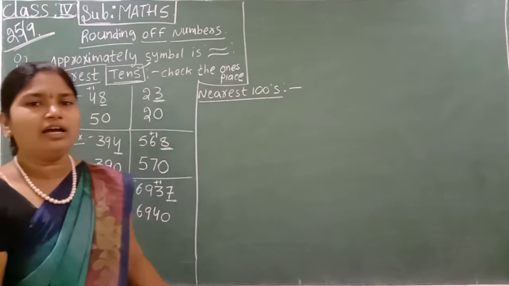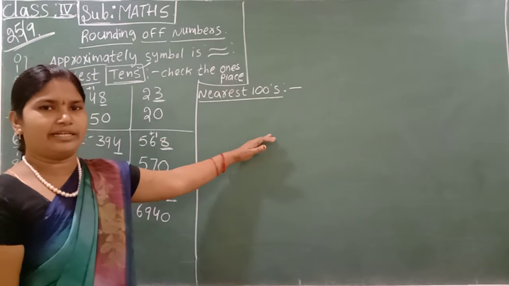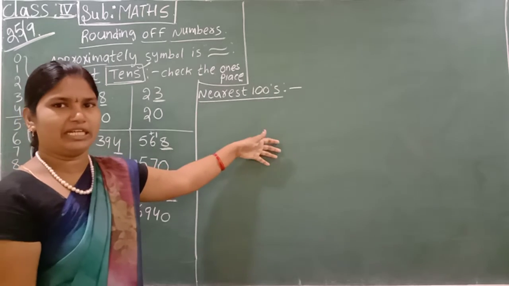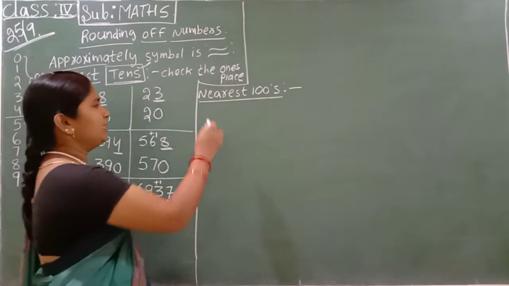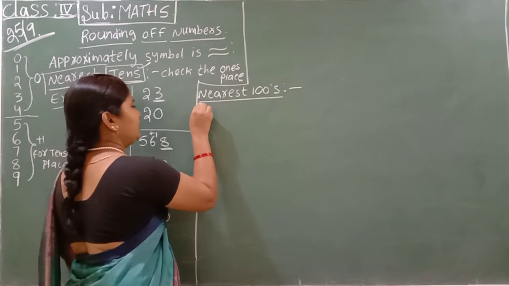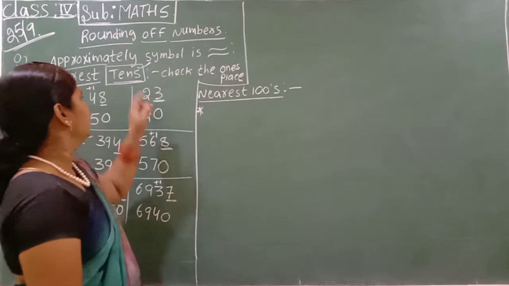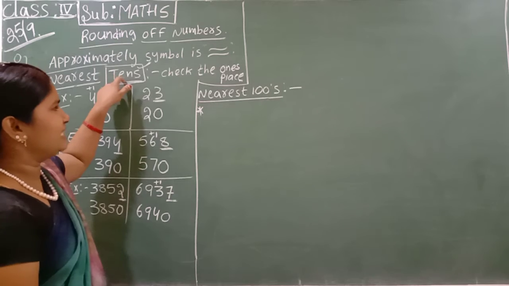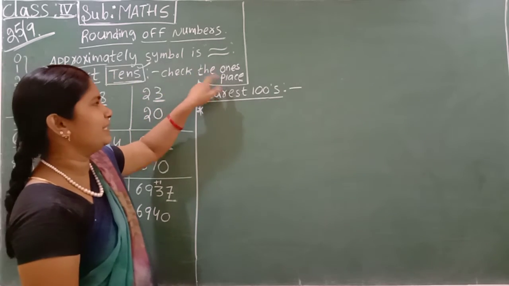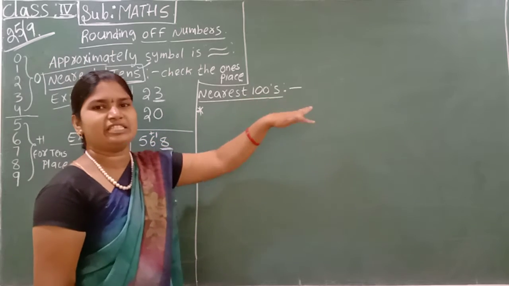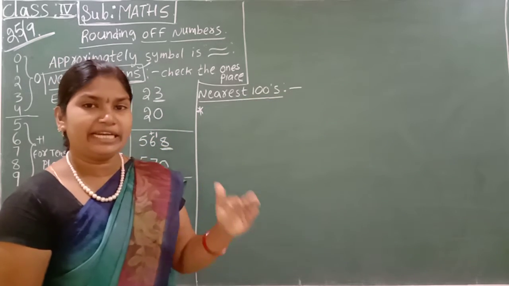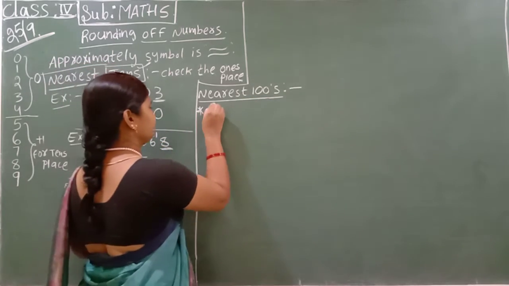How to find the nearest hundreds? Means approximately. We want to make it up rounding up numbers. Here, first point what we have to do? Check the nearest tens means we check ones place means before place value. Here nearest hundreds means we have to check the tens place value.